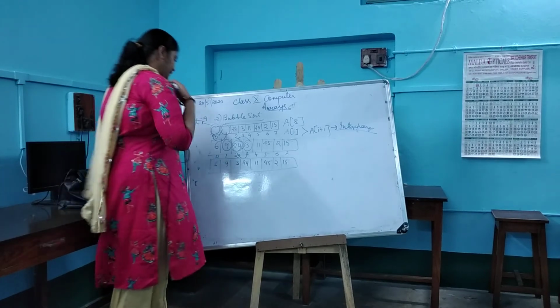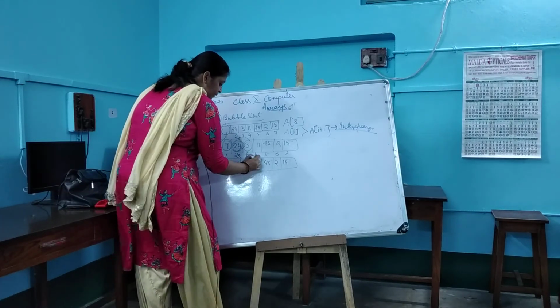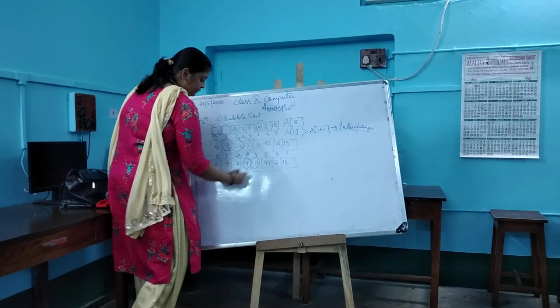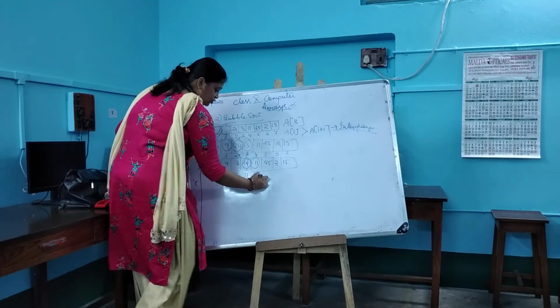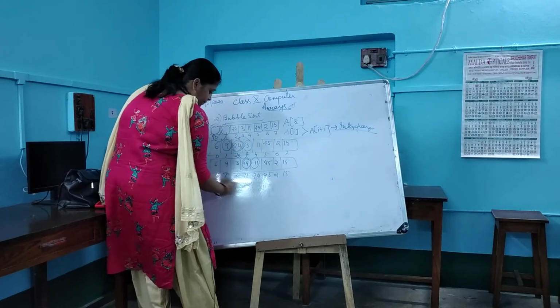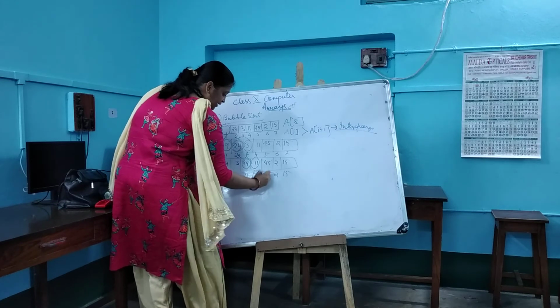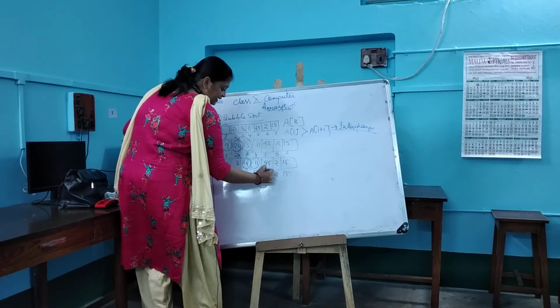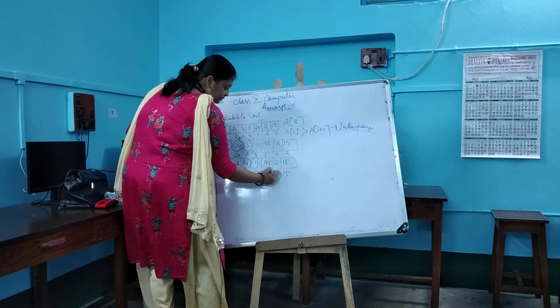Okay, next, again this will be checked with this. Again it's greater, so again we will interchange. Again this will be checked with this, greater? No, so no interchange. Finally this number will be checked with this, greater?